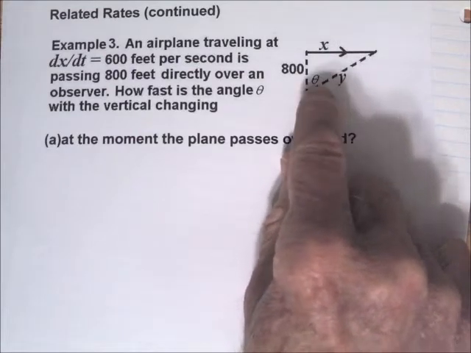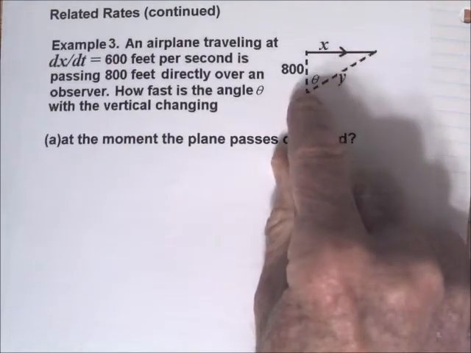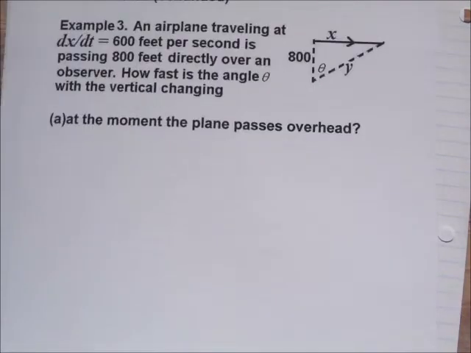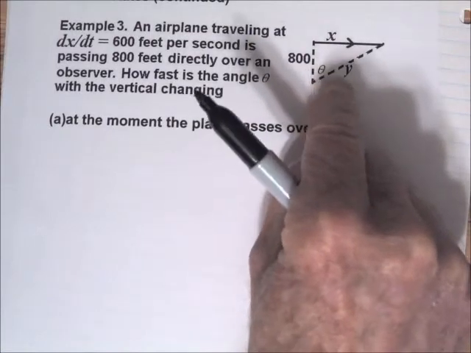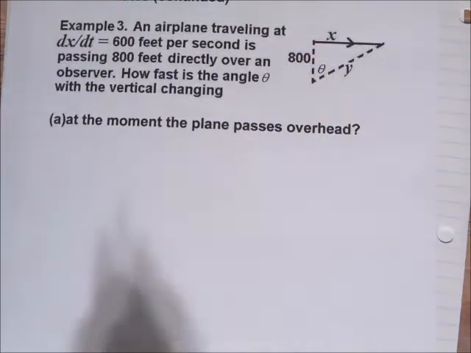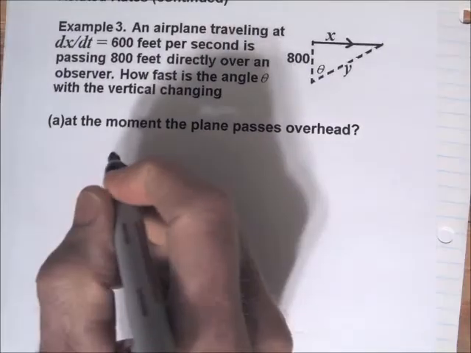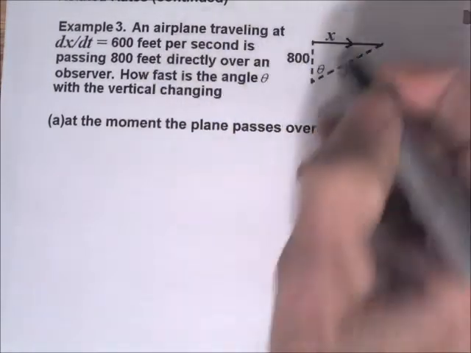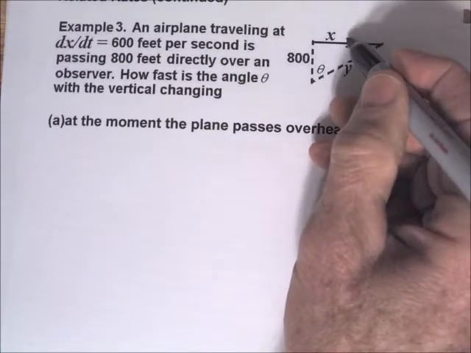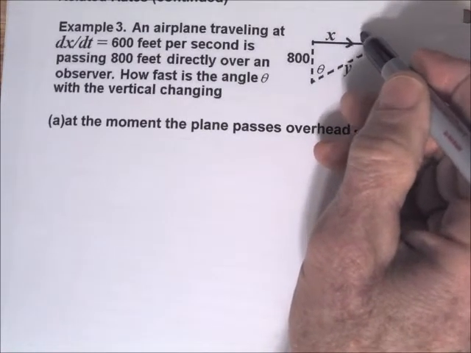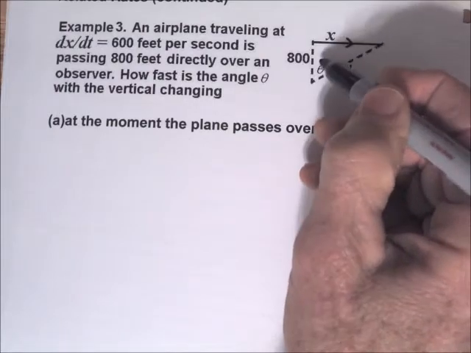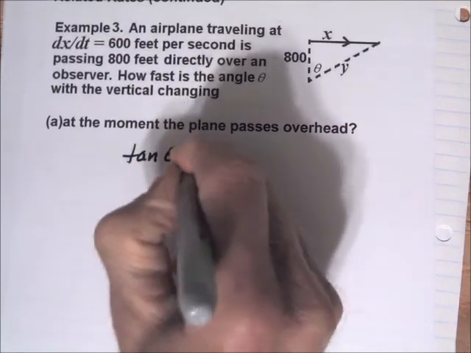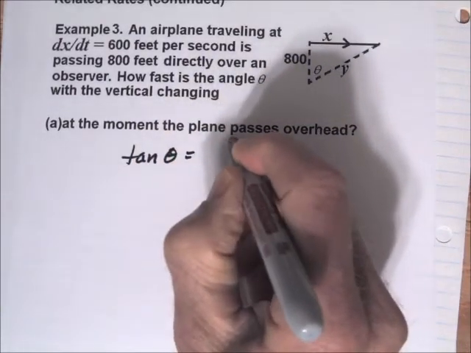But instead of how fast the distance is changing, we want to know how fast the angle is changing. So the angle here, theta, is the angle between y and the vertical line. So we could do the tangent of theta, which is the side opposite over the adjacent, so tangent theta is equal to x over 800.